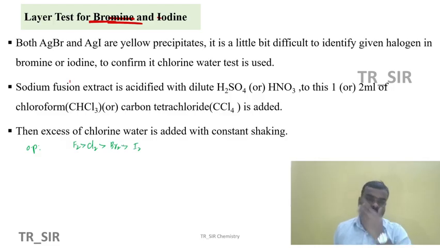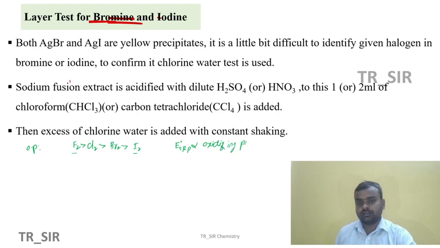Why is this so? Due to their SRP being positive, higher positive for chlorine and lower positive for iodine. So the E naught value, the SRP, is proportional to the oxidizing power.